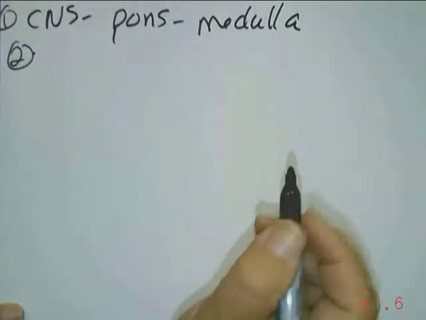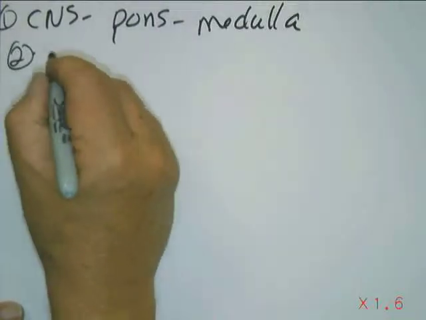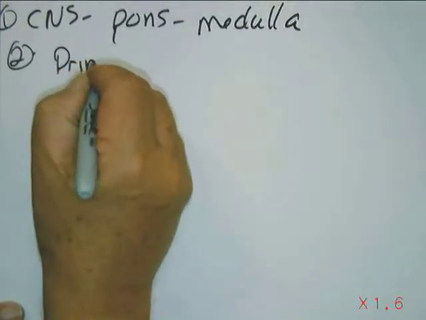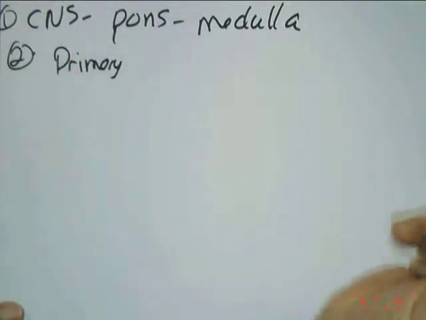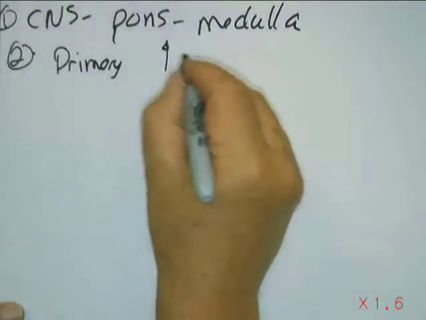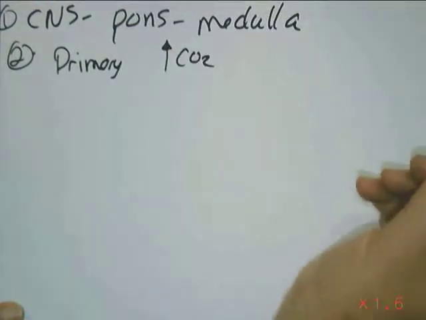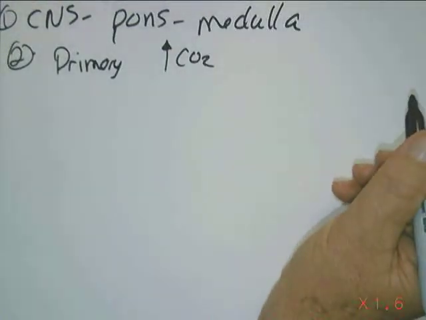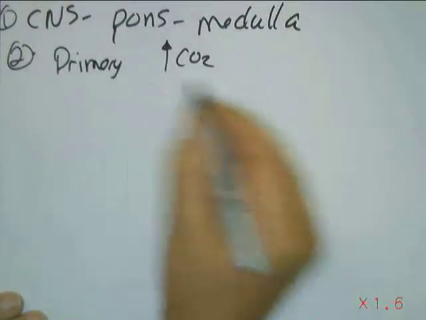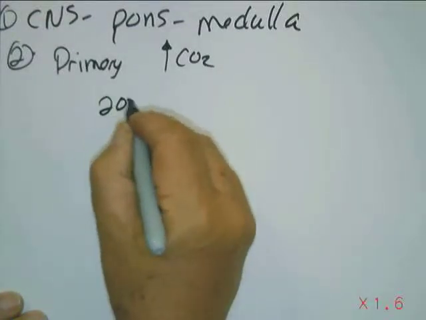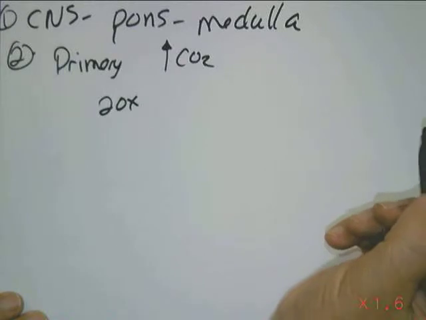Number 2, the primary factor which causes an increase in ventilation for healthy individuals is high CO2 levels. Remember from Fick's law, CO2 has a diffusion constant 20 times greater than oxygen does.